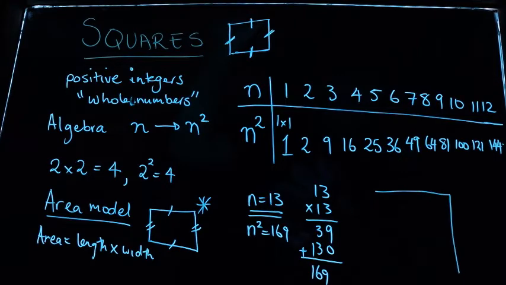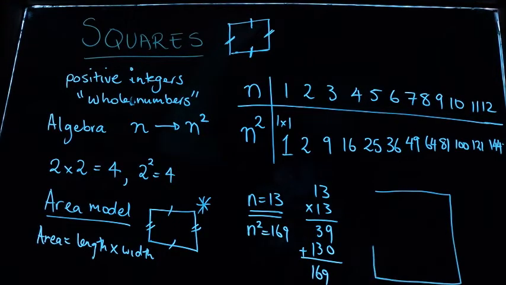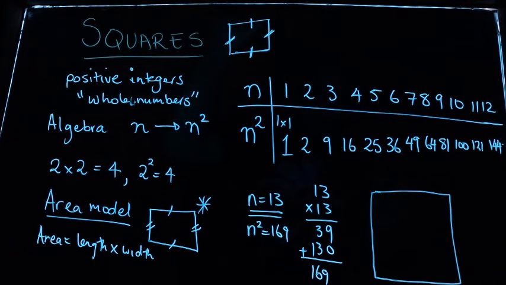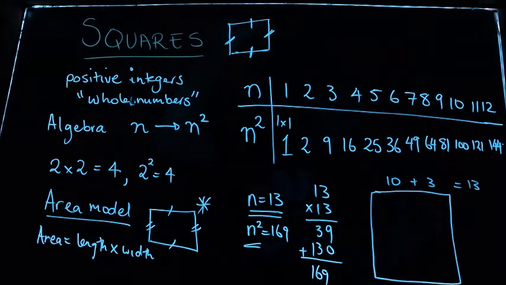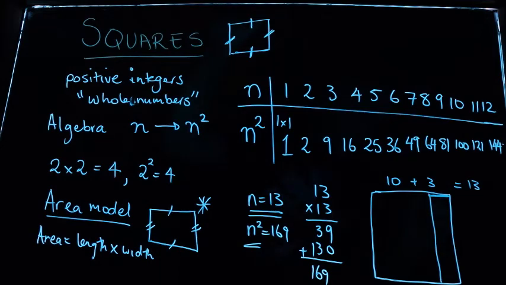I'm thinking I've got a square because what I'm chasing is this number down here, the square of 13. But the difference here is I'm thinking about 13 as 10 plus 3 is equal to 13. I'm going to draw a line down here, and this little bit in here is the 3.